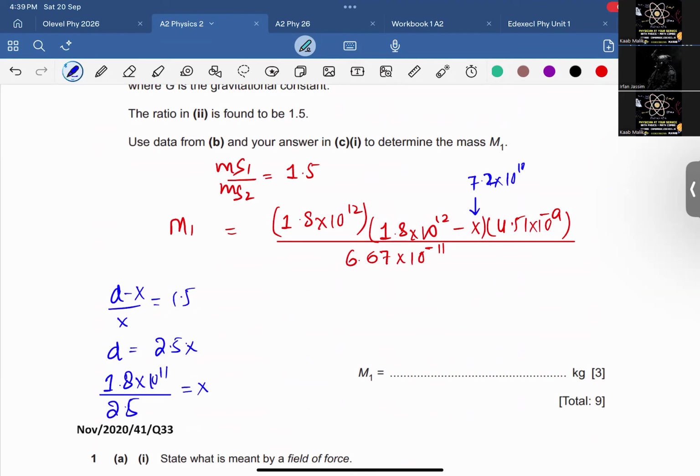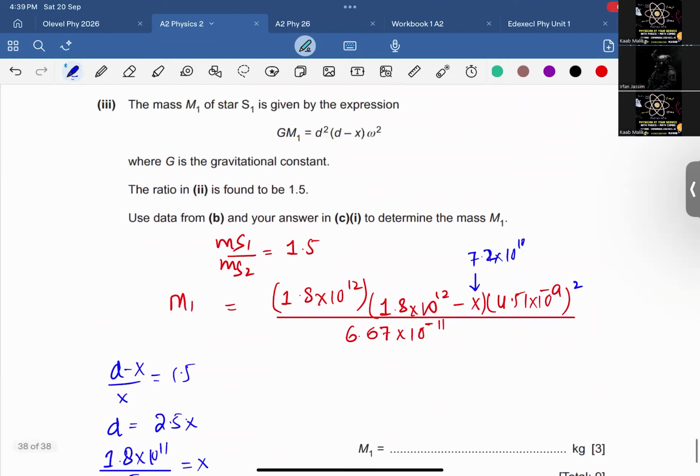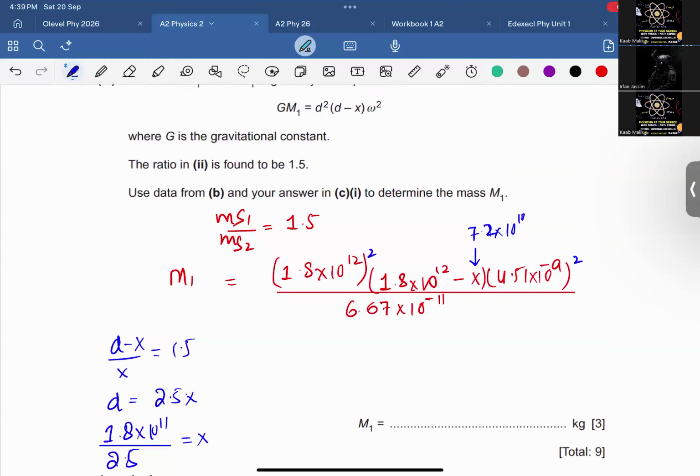Actually, by the way, did you put this square right here? And this is also squared.